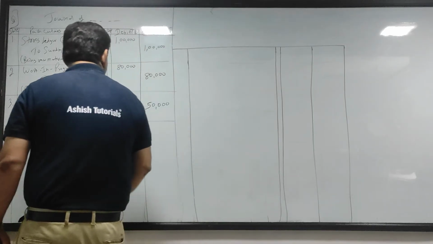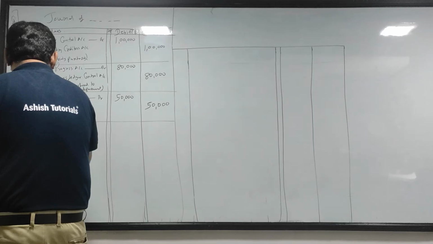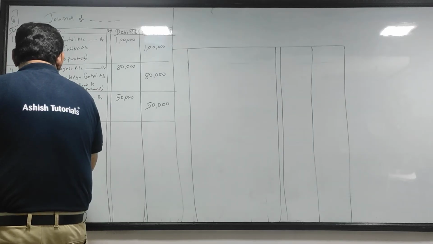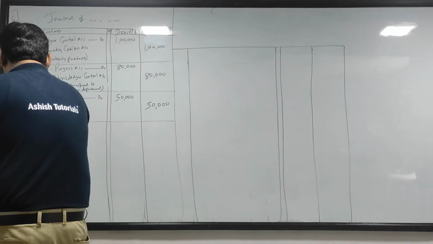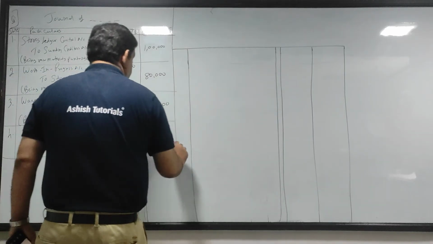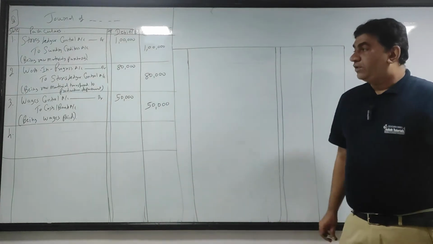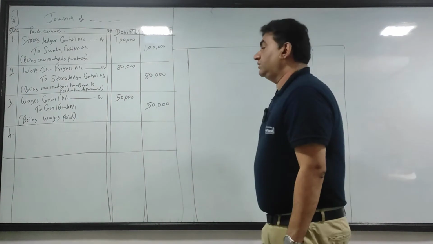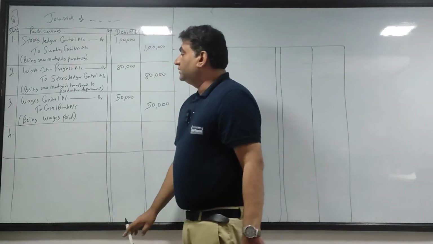So wage control debit 50,000 to cash/bank account 50,000.